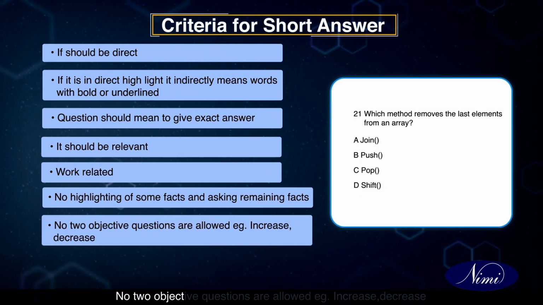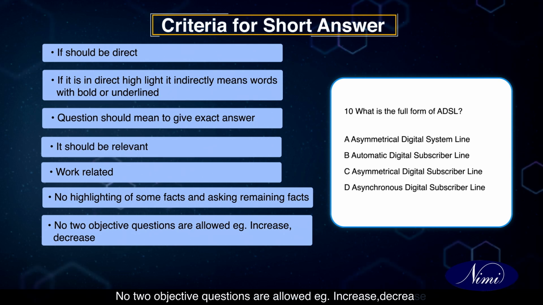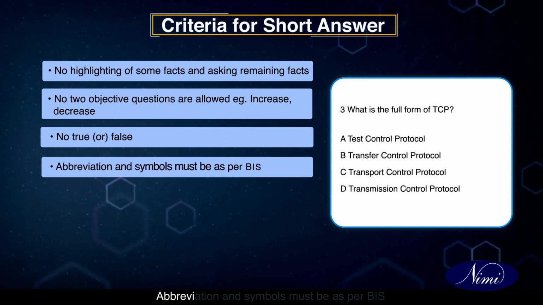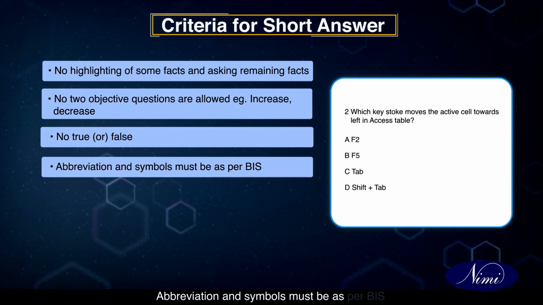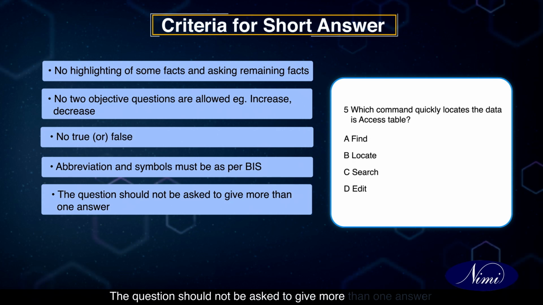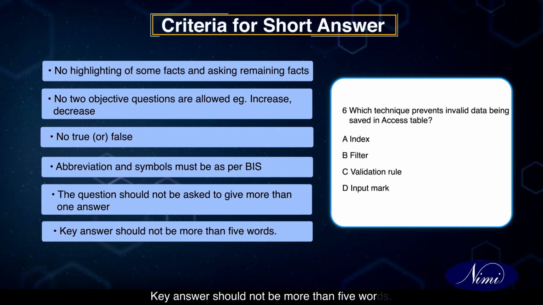No objective questions are allowed, for example, increase, decrease, true or false. Abbreviations and symbols must be as per BIS. The question should not ask for more than one answer. Key answer should not be more than 5 words.